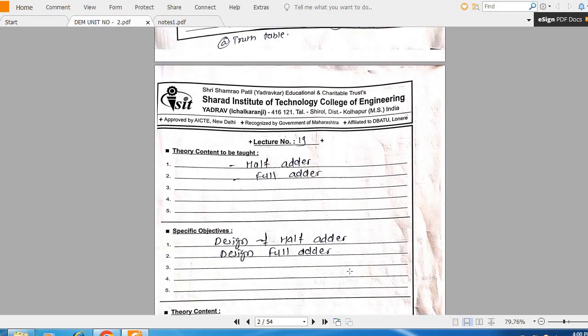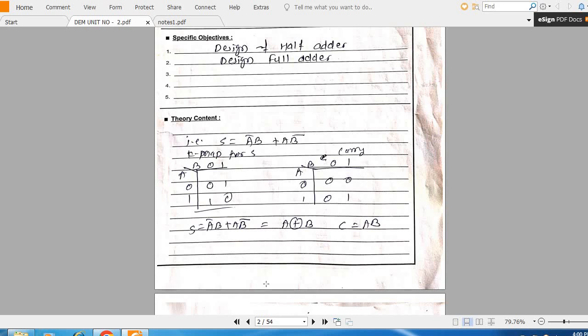We can go for a K map for sum. We'll get S equal to A bar B plus AB bar, which is nothing but A XOR B. While carry is 1 for A equal to 1 and B equal to 1, which means I can write the equation for C as C equal to AB.